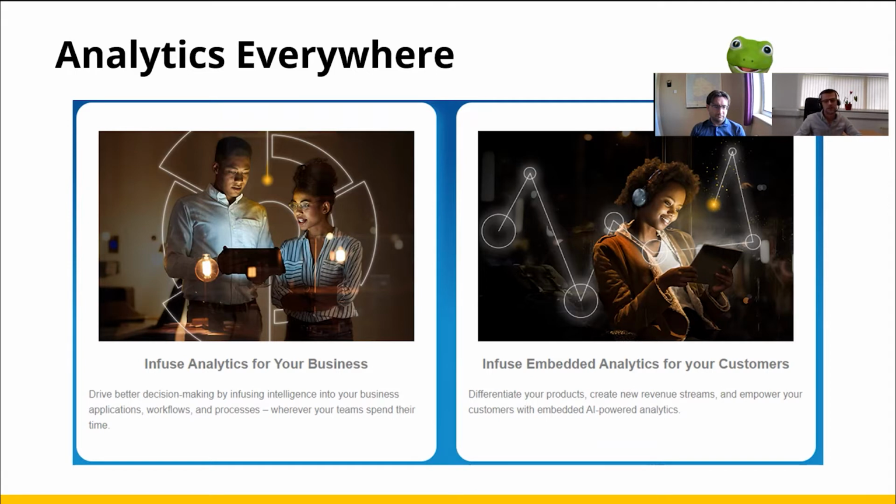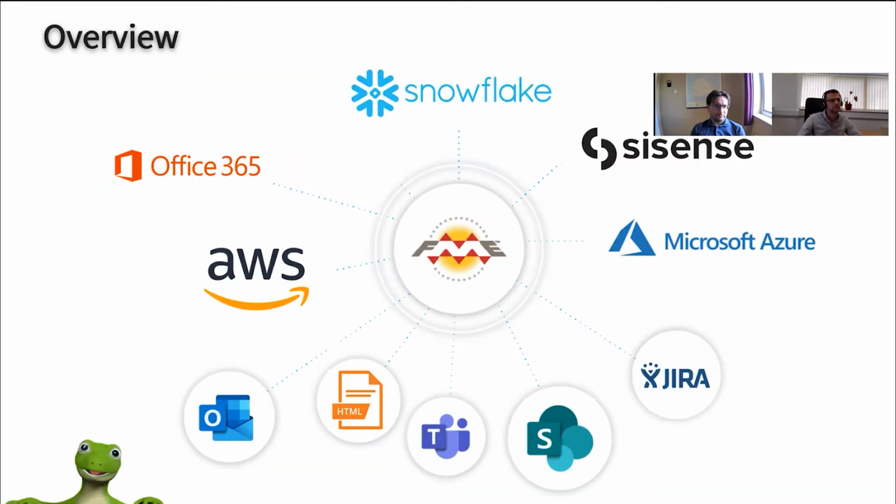Now, these terms are interchangeable depending on your organization and your business needs. So you might even use embedded internally as well, which is absolutely fine, but for the sake of this presentation, this is how we've separated them out.